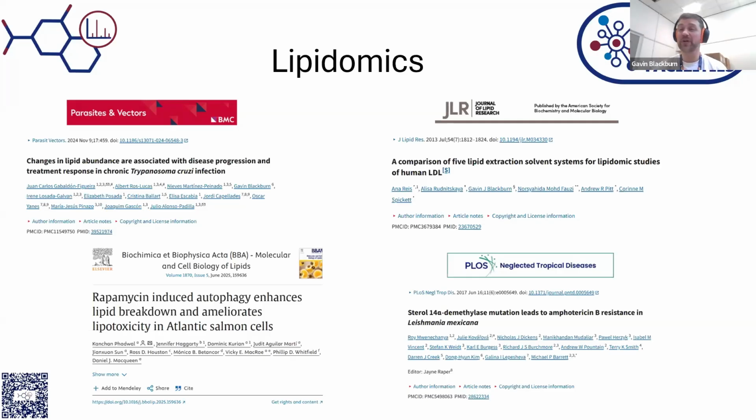And the bottom paper, where we're looking at sterol demethylase, was a really nice example where the initial samples we ran were looking at metabolites, and we saw peaks that related to sterols. We knew our metabolomics method was not the best way to be looking at these things. So we developed a targeted lipidomics method for looking at sterols. From the small number of peaks that we saw changing based on amphotericin resistance within our metabolomics subset, we were able to elucidate a load of different sterols that were changing within that system and start to form a nice sterol pathway, and show how ergosterol was being replaced in the membranes of these particular parasites with a different sterol that was causing them to be resistant to this particular drug.